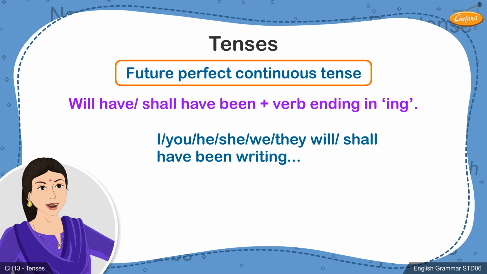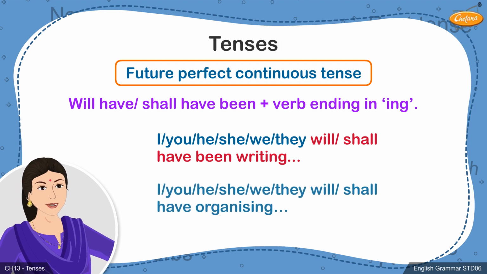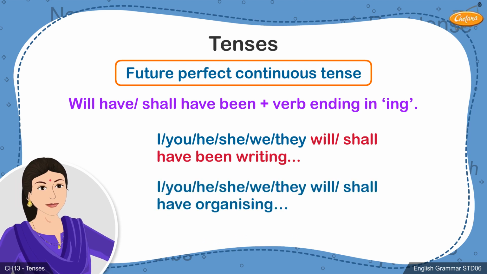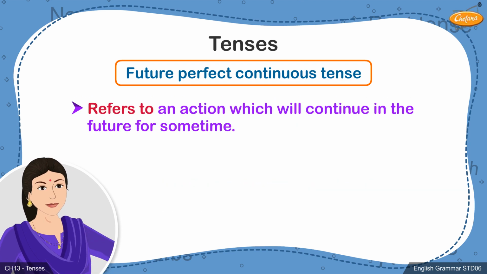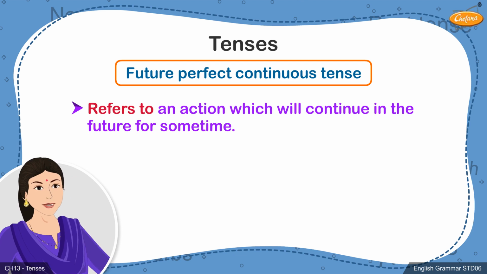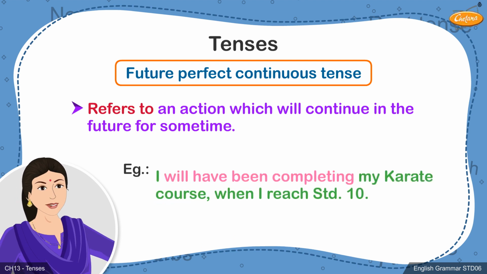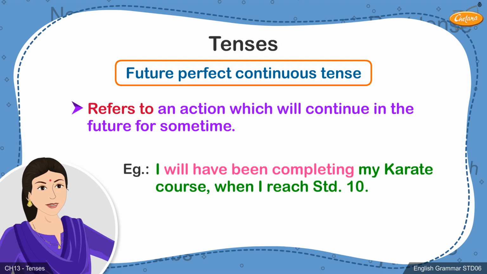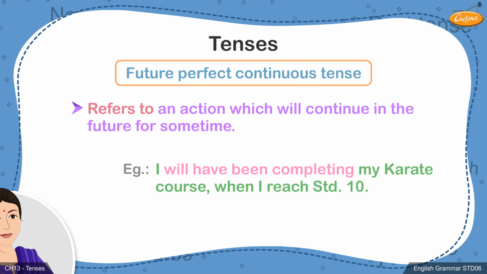I or you or he or she or we or they will or shall have been writing. I or you or he or she or we or they will or shall have been organizing. This tense is used to refer to an action which will continue in the future for some time. Example, I will have been completing my karate course when I reach standard 10.